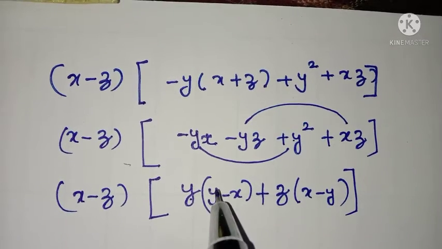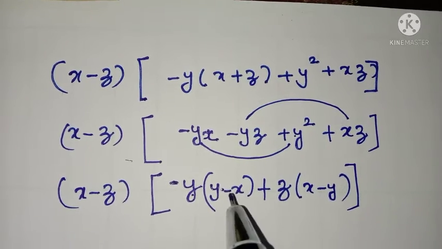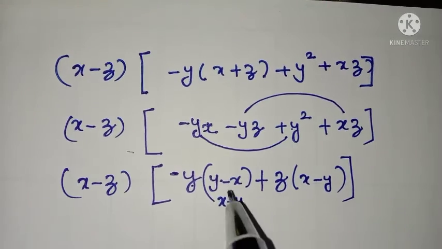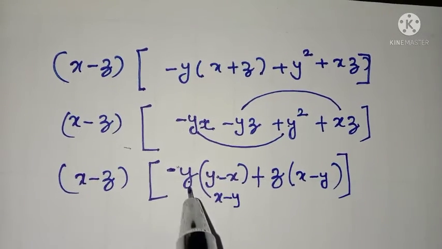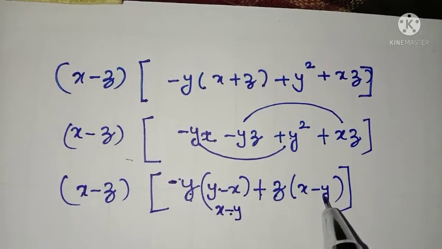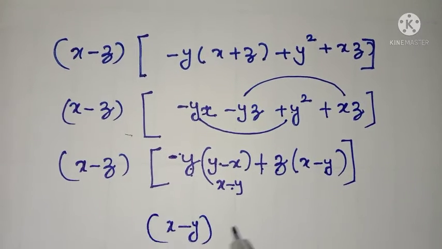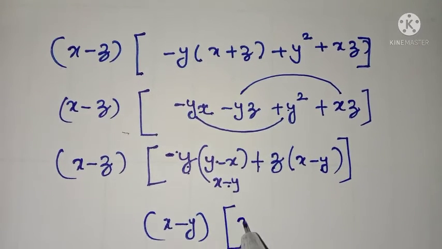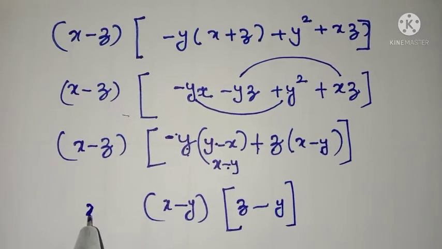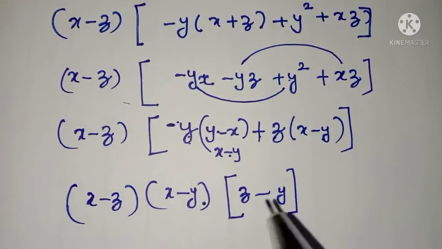Listen, if we take negative from this bracketed expression, negative y into x minus y plus z into x minus y. Here x minus y is common, so take it outside, remaining z minus y. So x minus z into x minus y into z minus y.